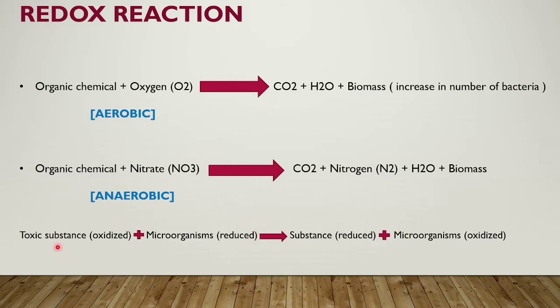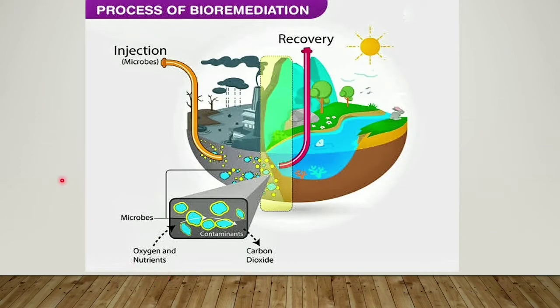So, this toxic substance is reduced to non toxic form, and the microorganisms are oxidized, which results in the increase in the number. The organisms may be aerobic or anaerobic. So, aerobic organisms will require oxygen, and anaerobic organisms will not require oxygen. So, this is the overall process of bioremediation.